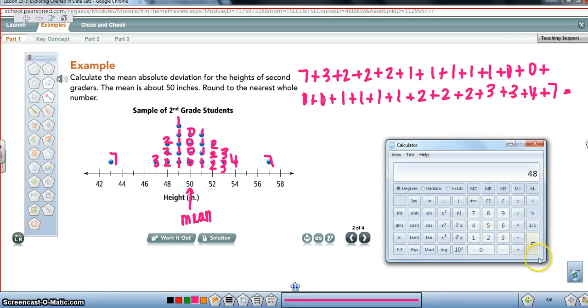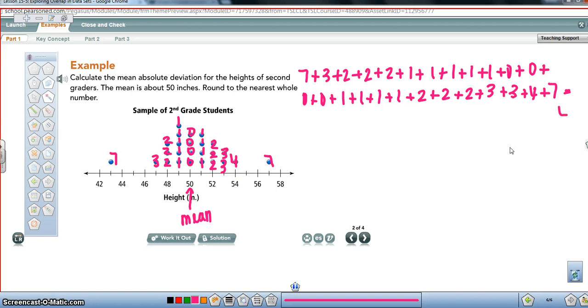Okay, so I got 48 for the total. And then we're getting the average, we're getting the mean, so we would divide by how many data values we have. 1, 2, 3, 4, 5, 6, 7, 8, 9, 10, 11, 12, 13, 14, 15, 16, 17, 18, 19, 20, 21, 22, 23, 24, 25.